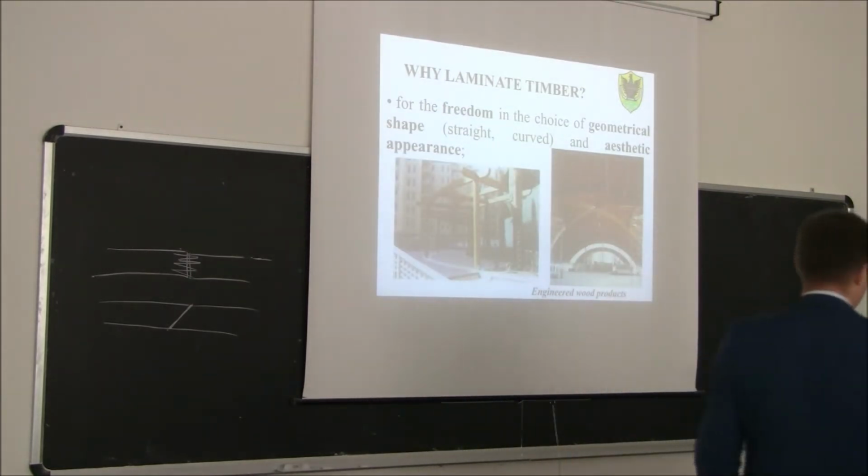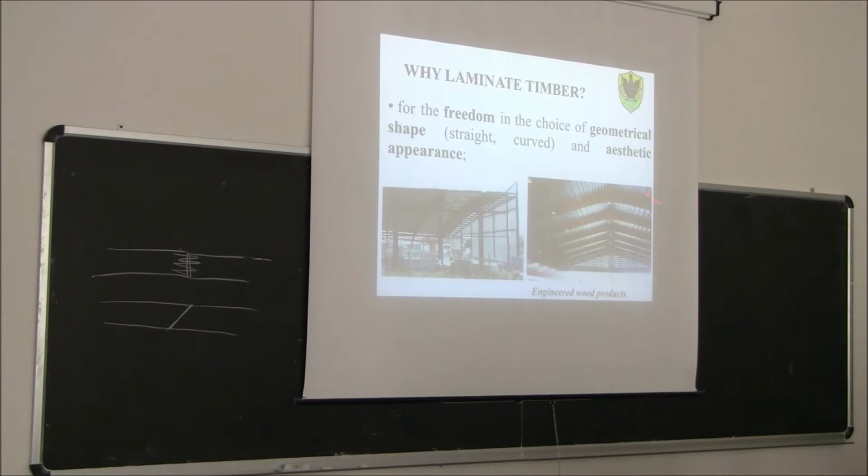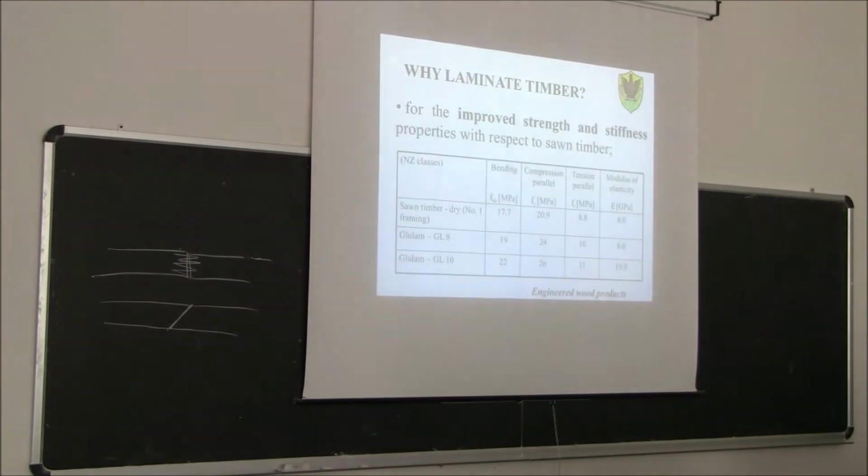And you can also have members curved in the horizontal plane, not only in the vertical plane. So we can get something which has very good aesthetic appearance. Other photos of big structures made of glulam beams.